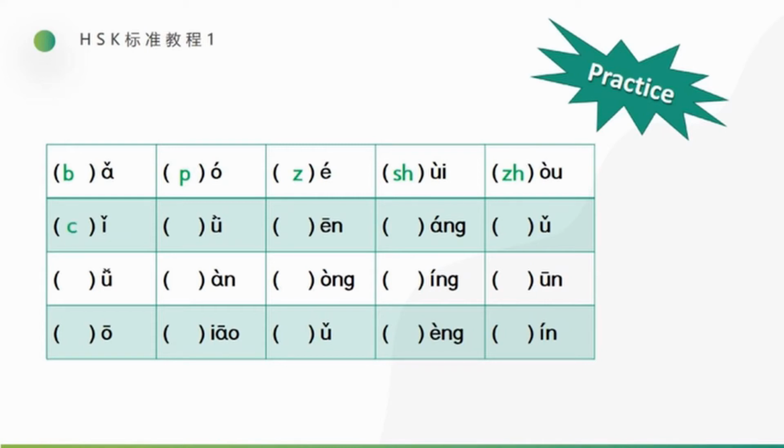Good. Next. 绿，很好，绿都对。Next. 分. Very good.